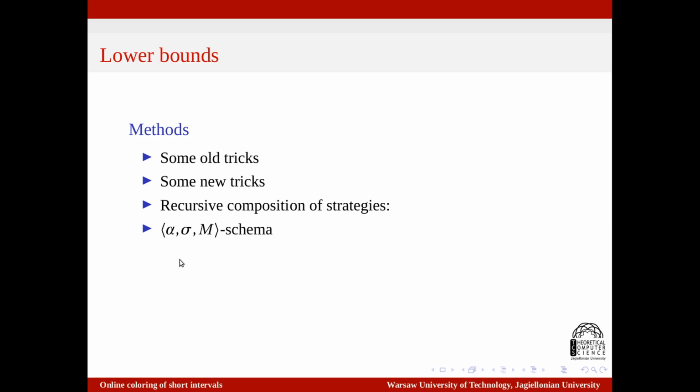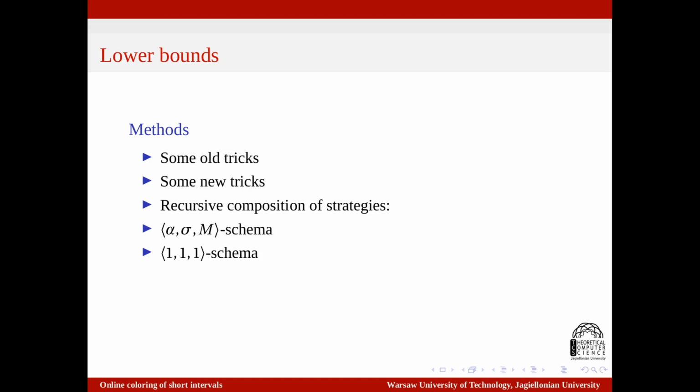But also these strategies have property that they use intervals of length at most sigma, and they span length M, meaning all the presented intervals are inside interval 0 to M. This allows us to keep track how much space is used for application of the strategy.